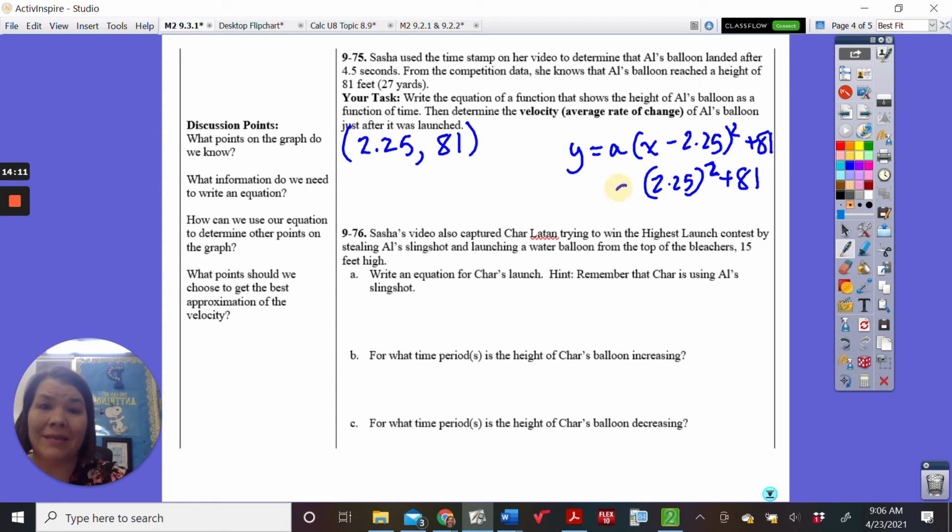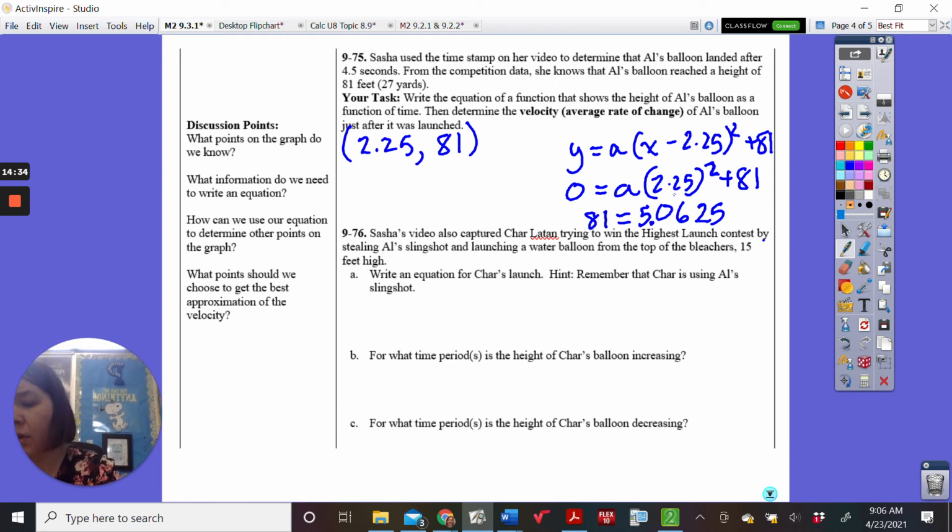And a's got to be a negative number because this has got to equal 0. So let's see what's going on. We get 81 equals a times 2.25 squared, which is 5.0625. 81 divided by 5.0625 is 16.